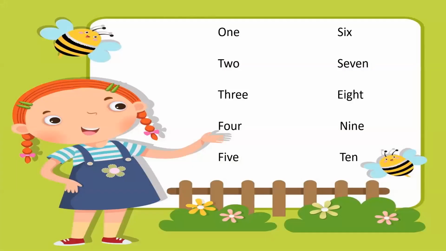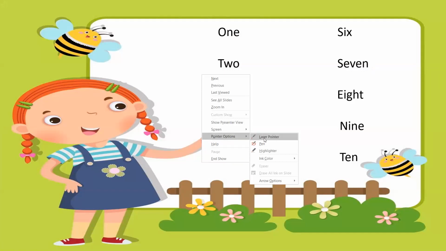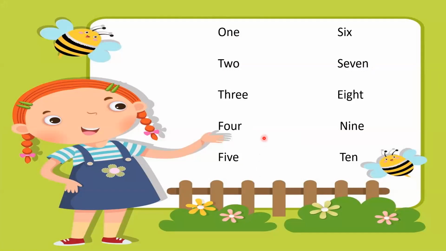Okay. Can you see here, there are some numbers. I have told you already that you have to learn the number names from 1 to 100. So we will revise again the numbers and their number names.